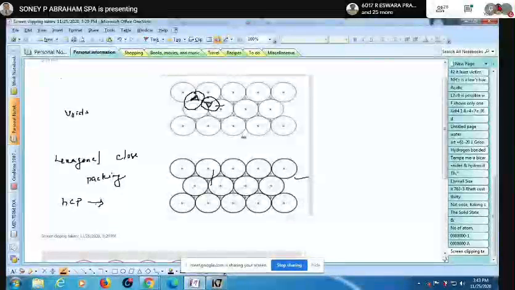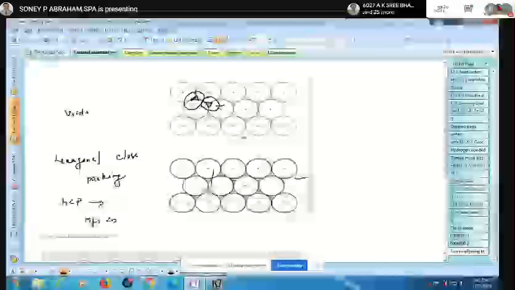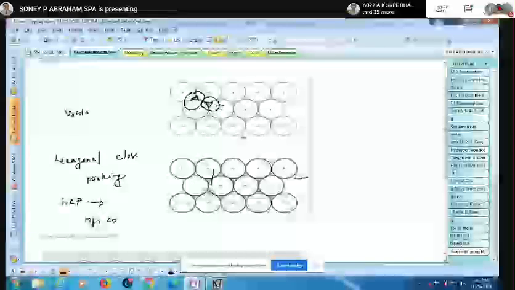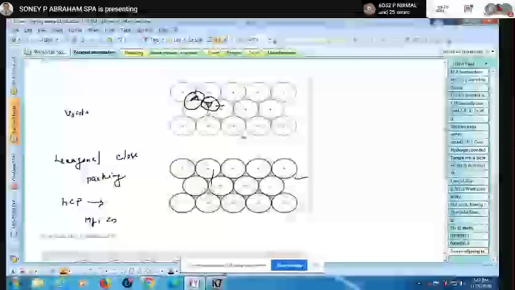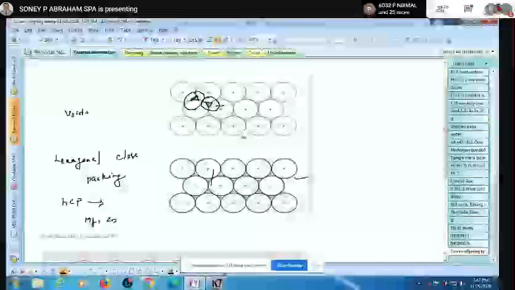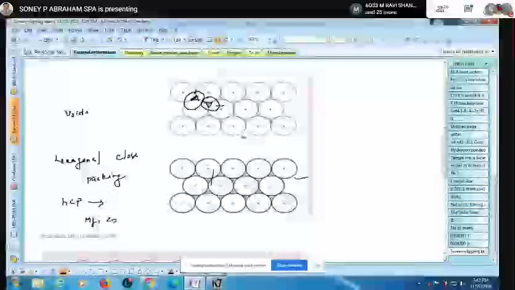Okay, and this type of structure will be seen with magnesium, zinc. Such metals will show this HCP structure. So, can you tell me what is the peculiarity of the hexagonal close pack structure?